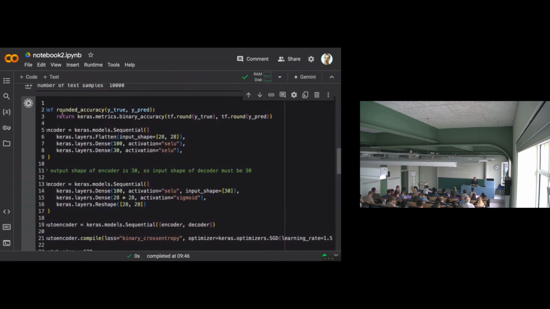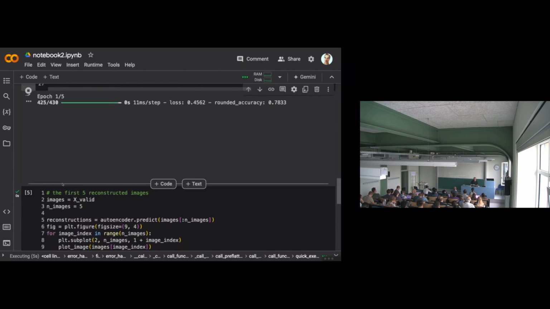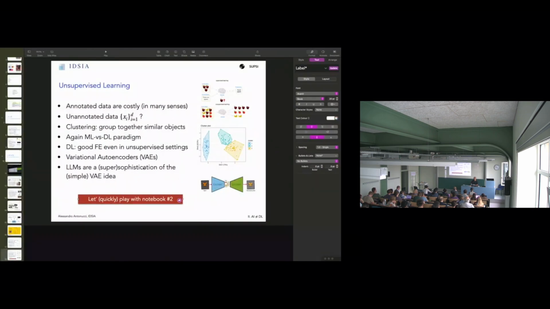I'm not discussing the details, but this is really very simple stuff. Let me show you this. I'm just telling the autoencoder: I take the first 5 images of the data set, do the encoding, so go there, but then do the decoding. And of course, the result is not going to be exactly the same image.